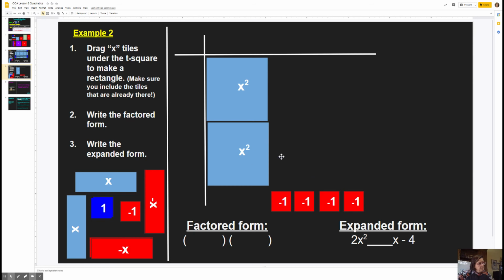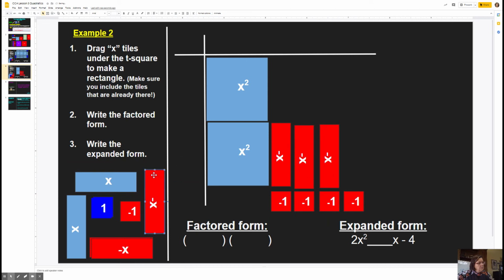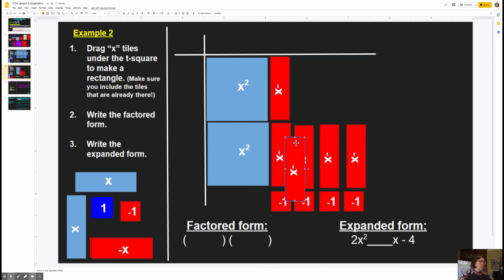Let's see. So if I drag negatives in here, whoops, wrong version. Oh, I ran out of those vertical ones. Question is if that's going to work.